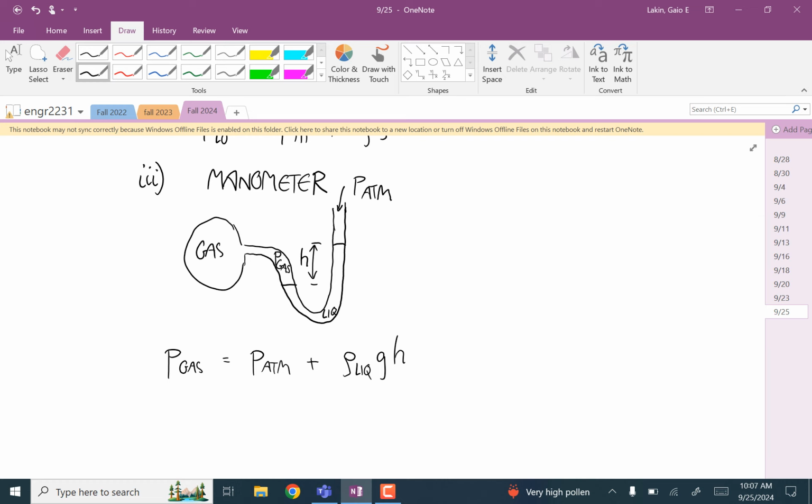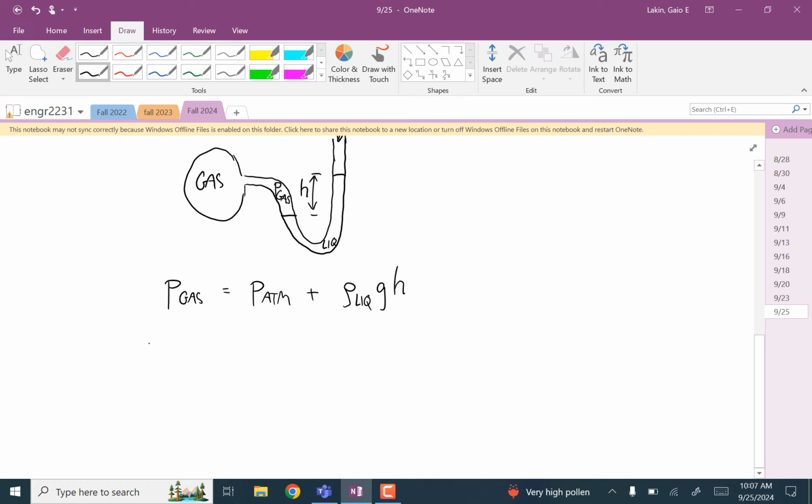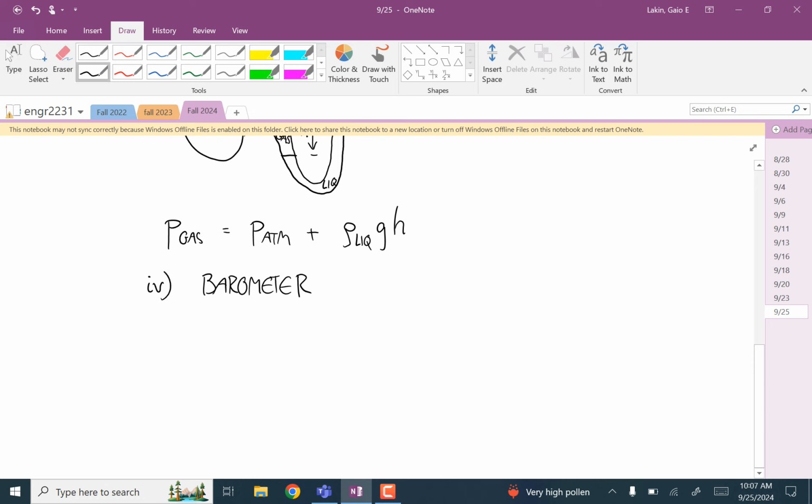And then the other type of pressure measuring instrument is for measuring atmospheric pressure. That's a barometer. Super quick question.